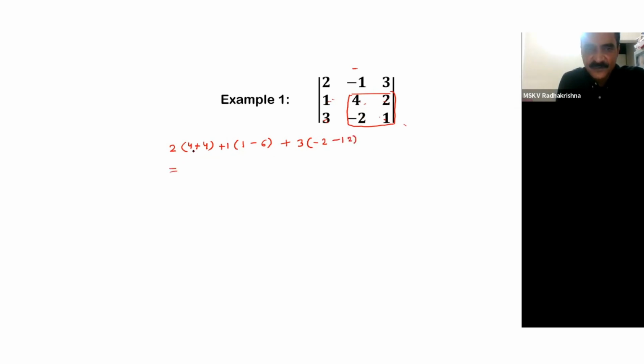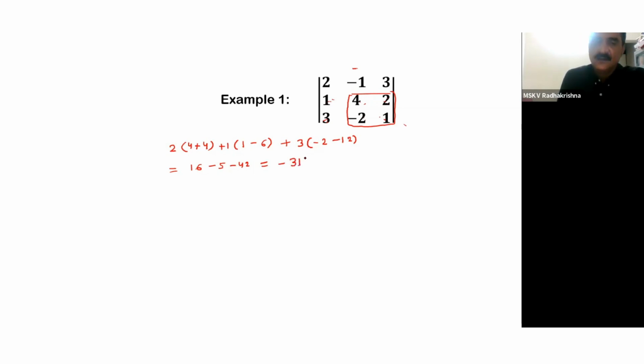Now, simplifying it, 4 plus 4 is 8, 8 into 2, 16, plus here, 1 into 1 minus 6, minus 5. So 1 into minus 5 is minus 5. Here, plus 3 into minus 14 is minus 42. So finally, minus 47 plus 16, minus 31.